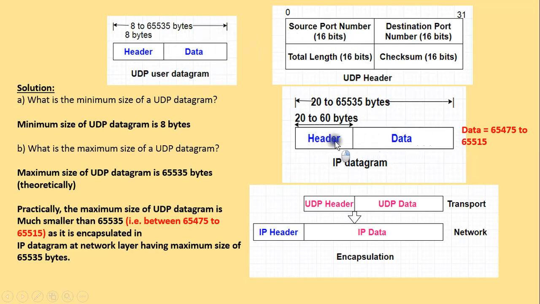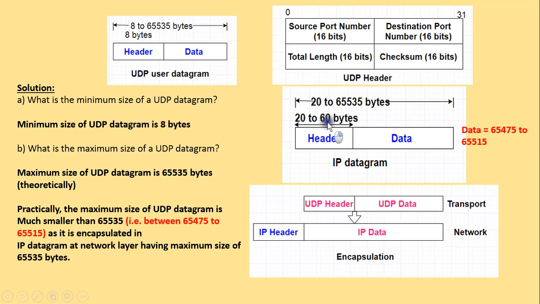In this data part of the IP datagram, the UDP datagram is encapsulated. The IPv4 header is variable in size from 20 bytes to 60 bytes. And the total length of IP datagram according to the total length field available in the IPv4 header is 65535 bytes, out of which the data length can be 65535 minus 20 bytes because the IPv4 header should have minimum 20 bytes.